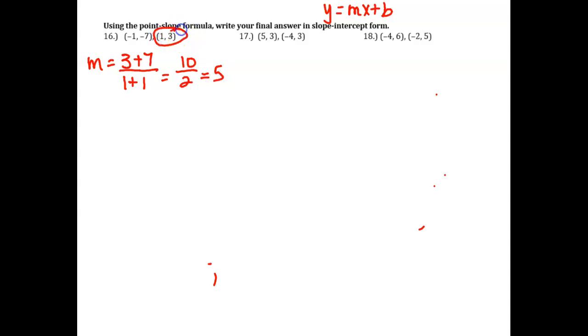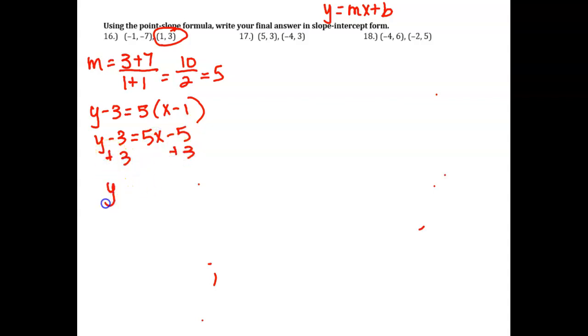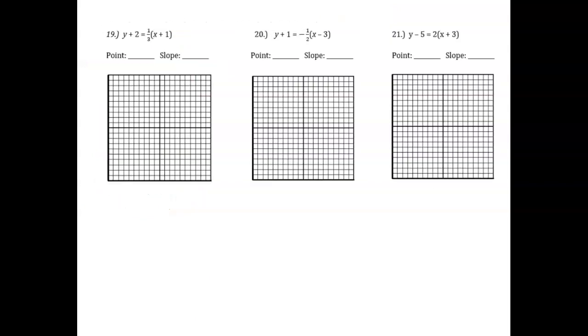Now I can use point slope form. y minus 3 equals 5 times x minus 1. And we distribute 5x minus 5. Add 3 to both sides. And y is going to be equal to 5x minus 2. Okay, so you can go ahead and try 17 and 18 and then compare it to the key.